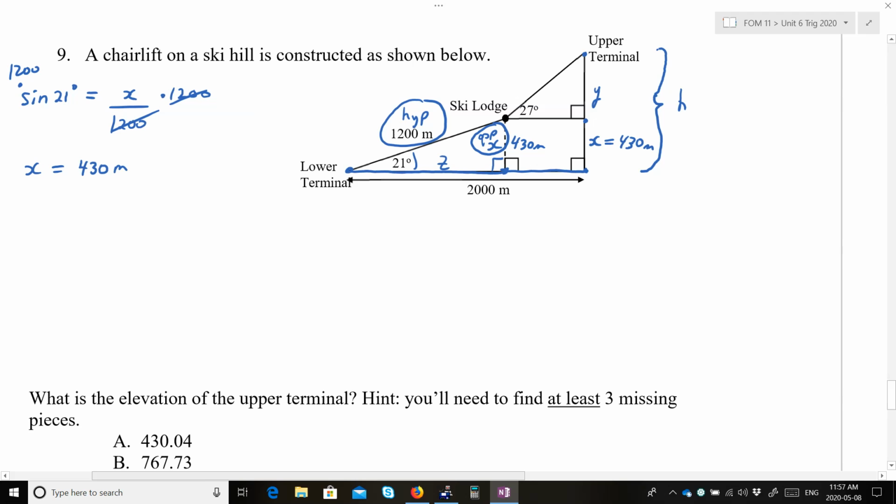So now we have to get y, and then we'll add x and y to get the h, the elevation of the upper terminal. So we are going to need to figure out z first, which will then help us get this one here, which I could call v. So in this triangle with the 21 degrees, that's still opposite, that's hypotenuse. Z is adjacent.